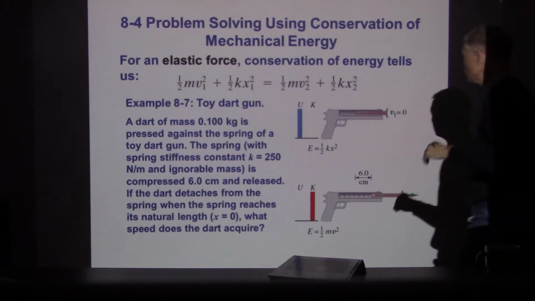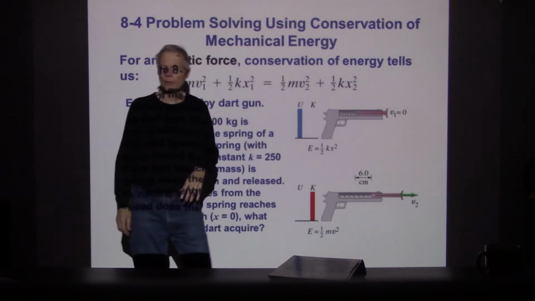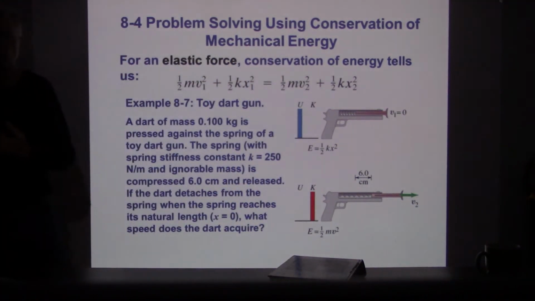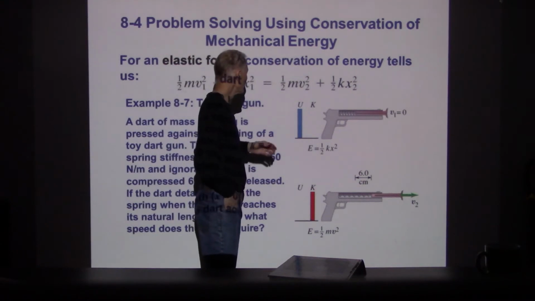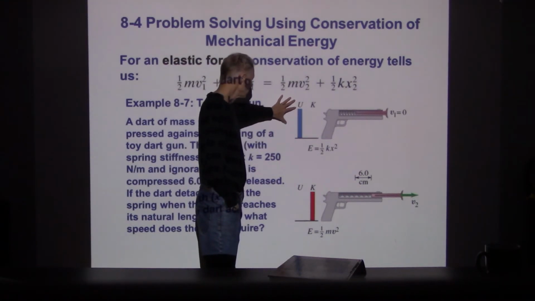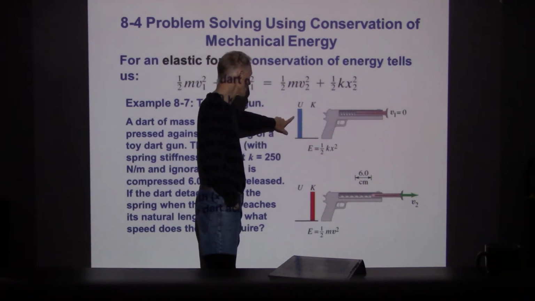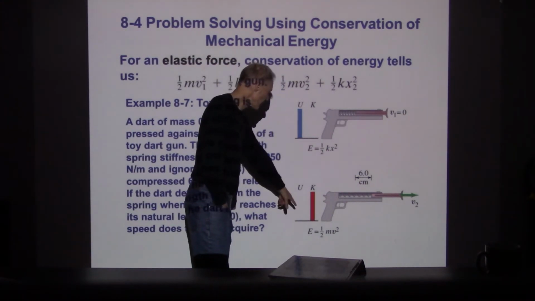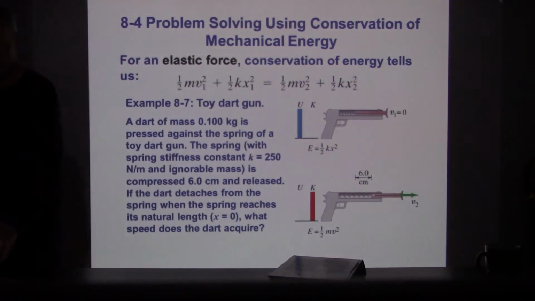Anybody who's played around with dart guns probably realizes that there's going to be some energy loss due to friction. But as a reasonable approximation, the total mechanical energy is entirely 1/2 kx squared at this point, and then in picture B, it's 1/2 mv squared.